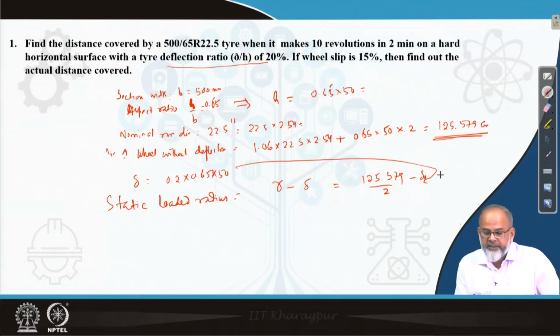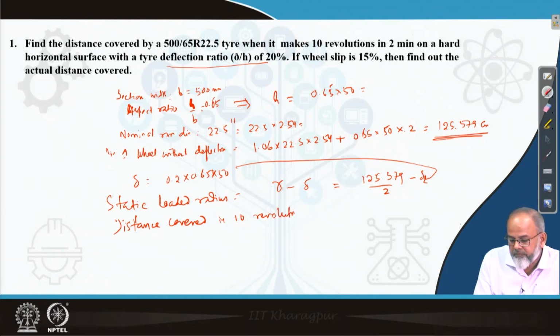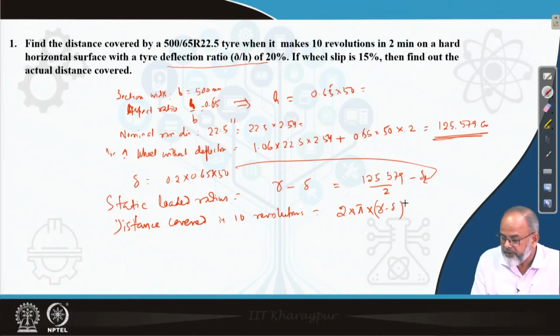Okay, so you will get the static loaded radius. Now in 10 revolutions, how much distance is it covering? That we have to find out. So the distance covered in 10 revolutions is 2 pi into the static loaded radius, R minus delta, into 10.